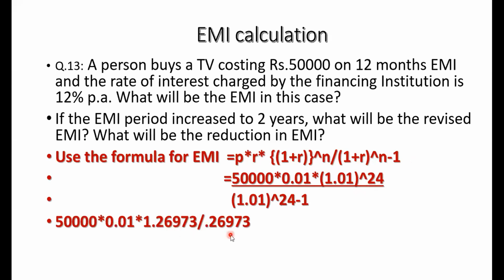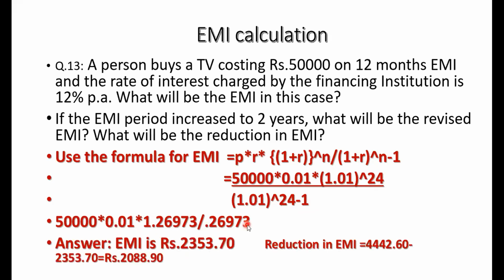So here the 1 you minus, 0.26973. Carefully put the decimals. So 50,000 into 0.01 into 1.26973, carefully include all the decimals, otherwise you will get confused, divided by 0.26973. Why? The 1 is reduced, minus 1. So 0.26973.